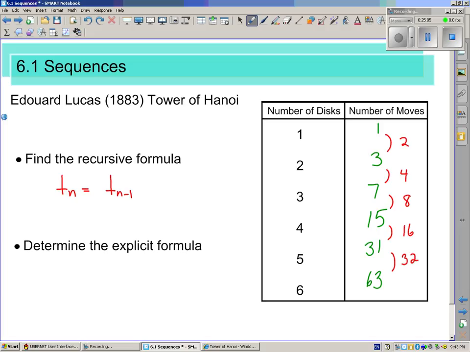I'm looking at a couple of things. If I multiply by 2, because 1 times 2 is 2, and then I got a 3, so I can just add 1. So 2 times 3 is 6, add 1 is 7. That's what I'm doing: I am multiplying the previous term by 2, and then adding 1.